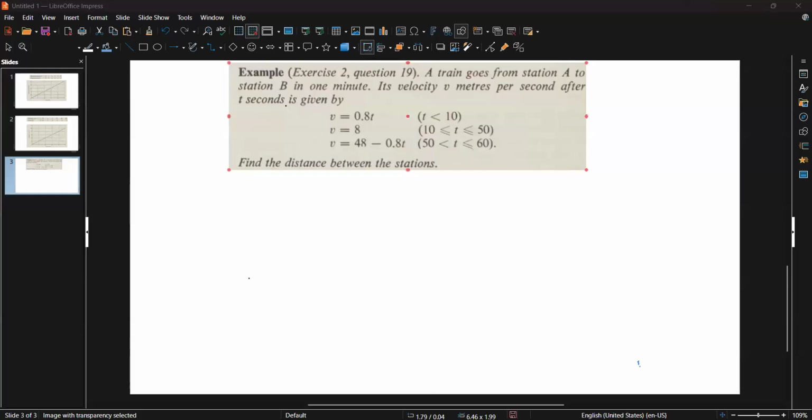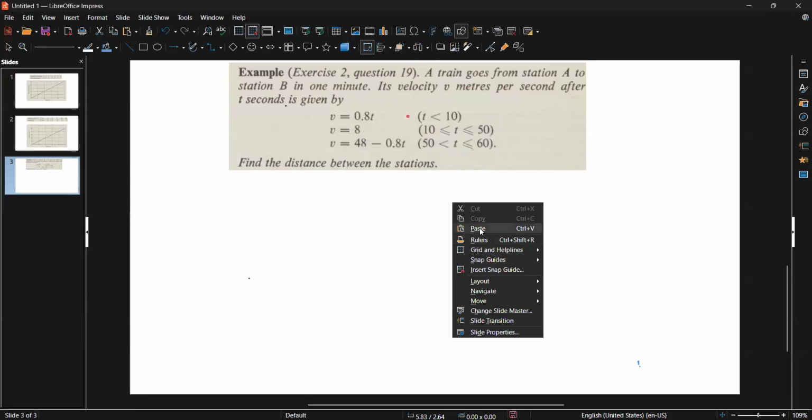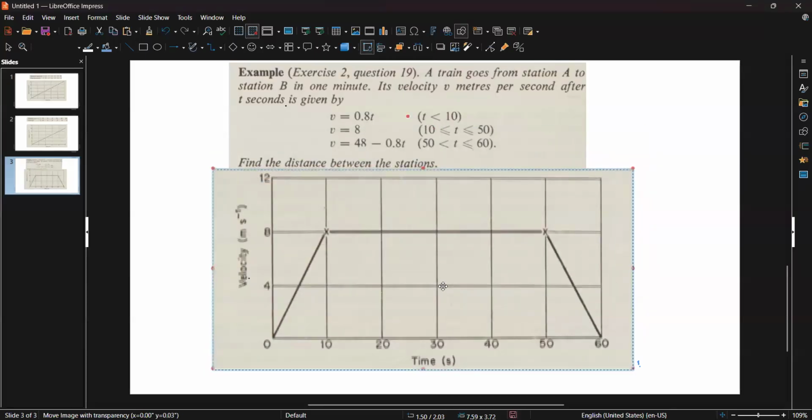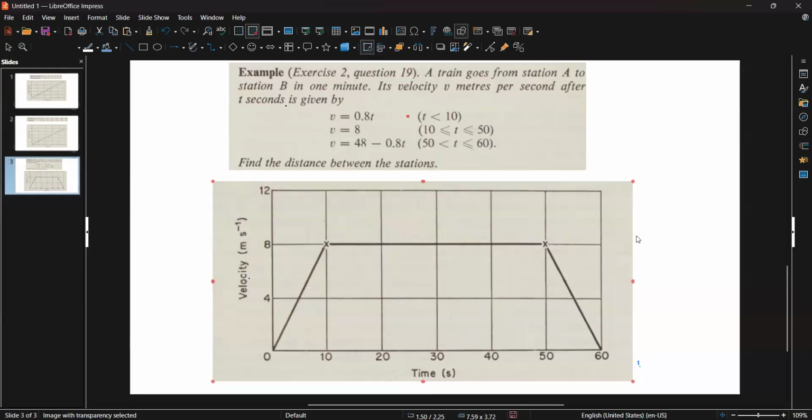So this is what the graph looks like. It might not fit on this page. Oh yeah, it fits. You can see it, right? But let's see how they get this graph. How on earth did they get this graph?